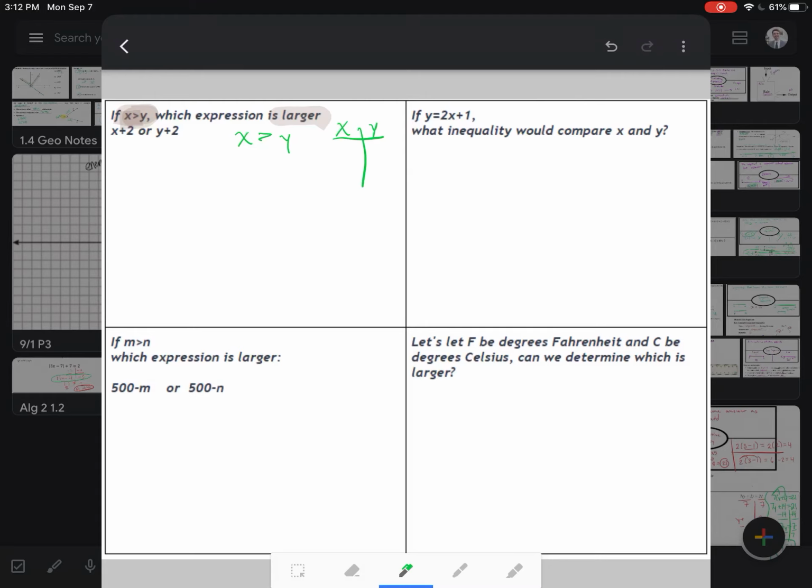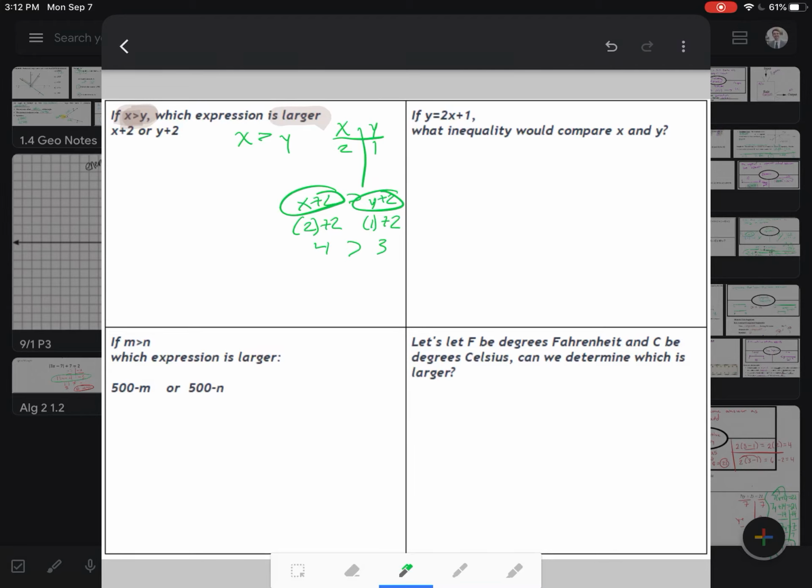So if I had an example chart, we would know that like 2 is greater than 1, because x is greater than y, so that works. So let's try it. If we add x plus 2 versus y plus 2, 2 plus 2 is 4, 1 plus 2 is 3, so it looks like 4 is greater than 3. So it looks like my x plus 2 is greater than y plus 2 in this situation.